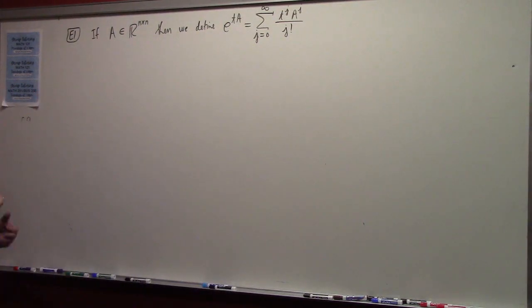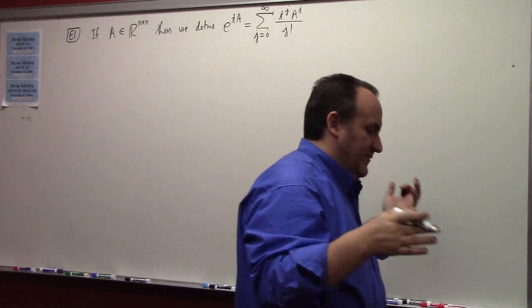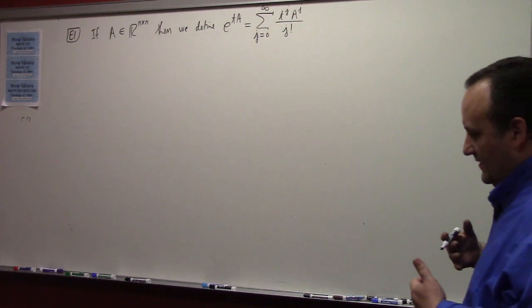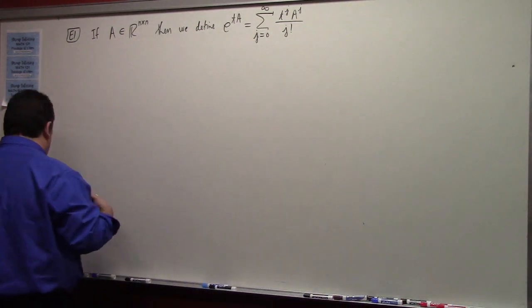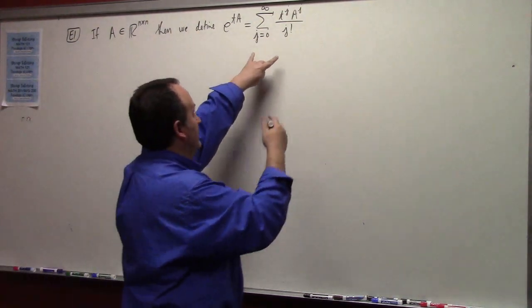Now, I'm putting the cart before the horse here, in the sense that we haven't even shown this thing converges yet. So I want to discuss the convergence of the matrix exponential, because I think what we just did bears on it. All right, so how is this technically defined?